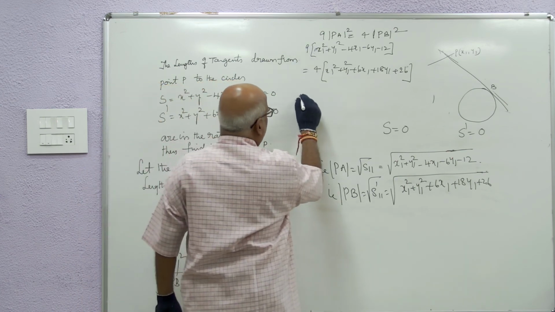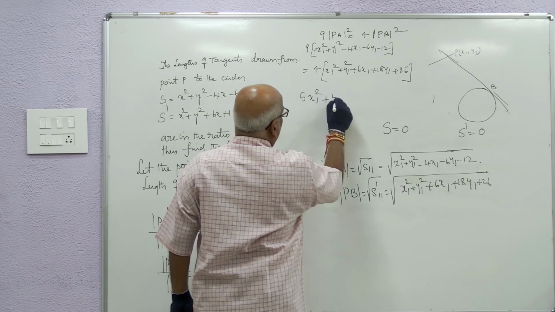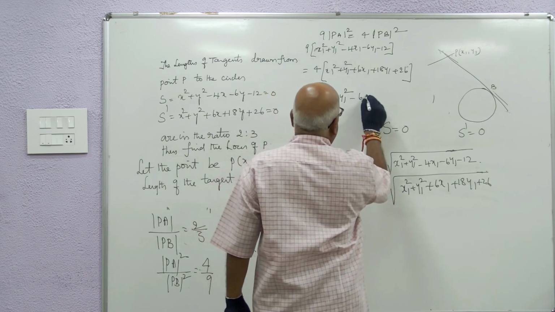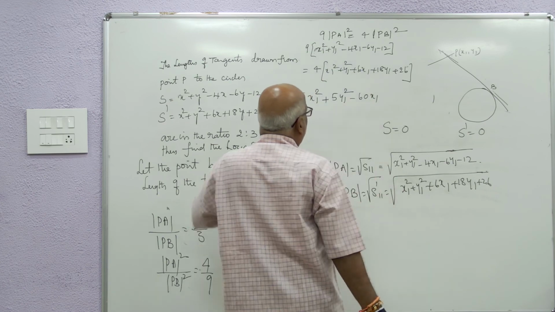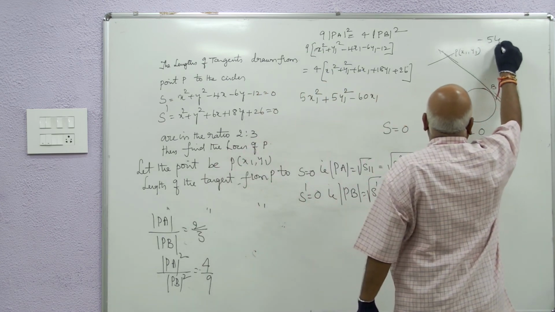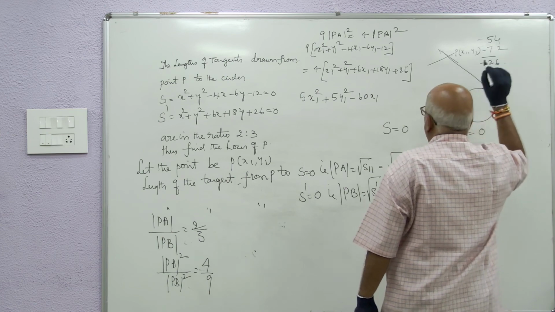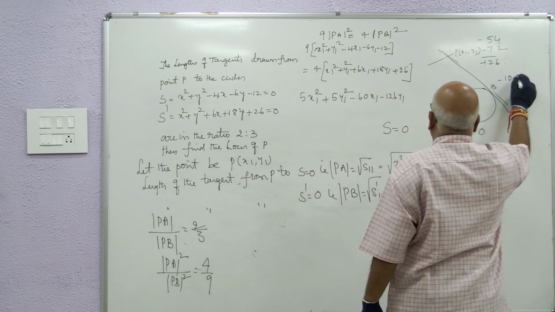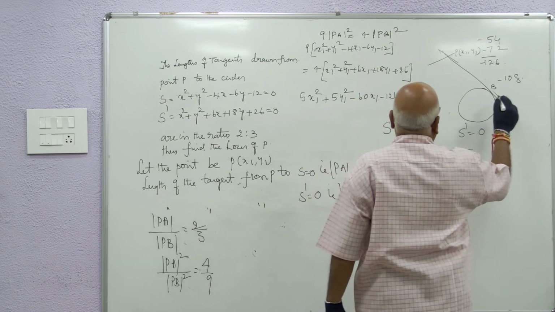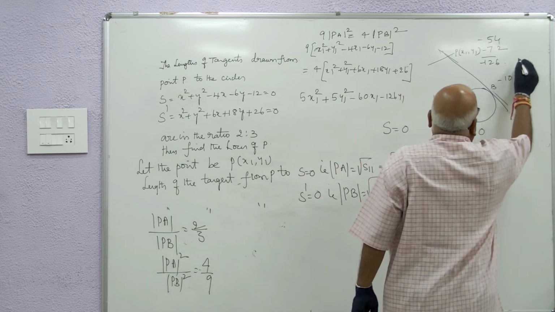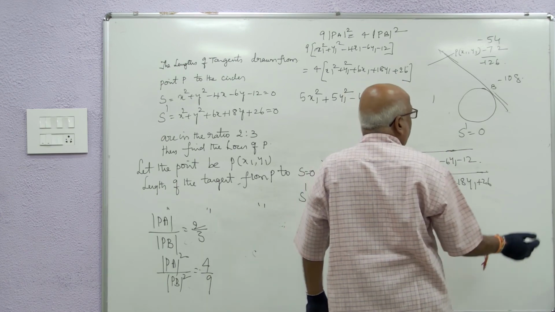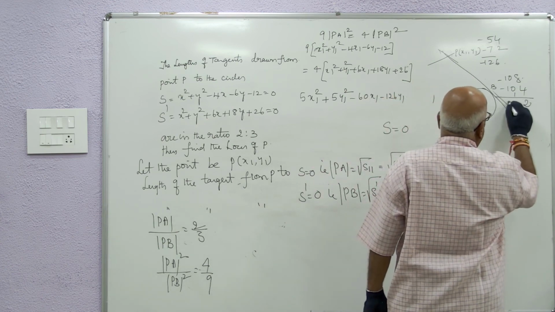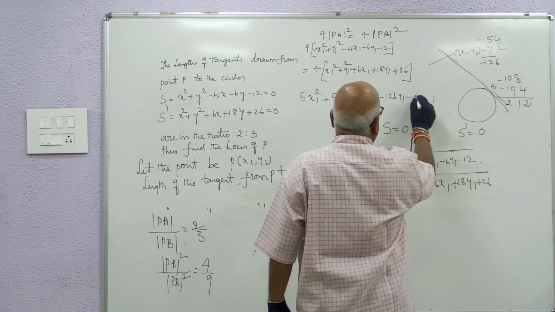9x1 square minus 4x1 square, 5x1 square, 5y1 square, minus 36x1 minus 24x1, minus 60x1, minus 54y1 minus 72y1, minus 126y1, minus 9 12s are 108, minus 4 26s are 104, minus 212 equal to 0.